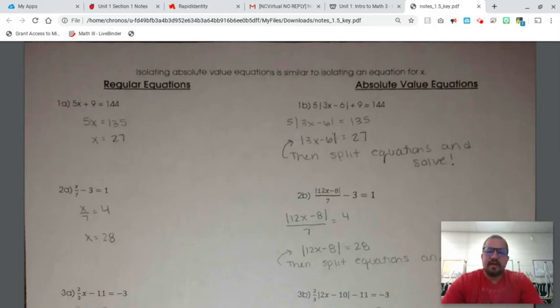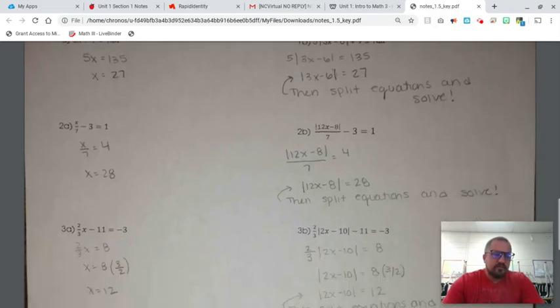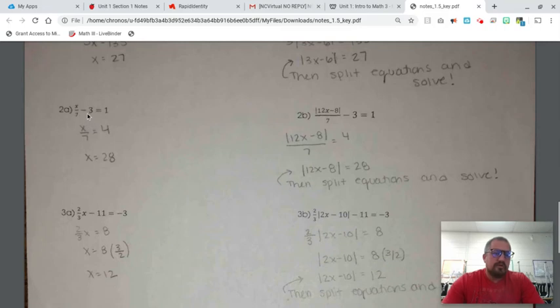So then you're going to have 5x is equal to 135. And then you divide by 5, which gives you x equals 27. That's a regular equation. If you look at our second one, step 1 would be to add the 3 to the right side.